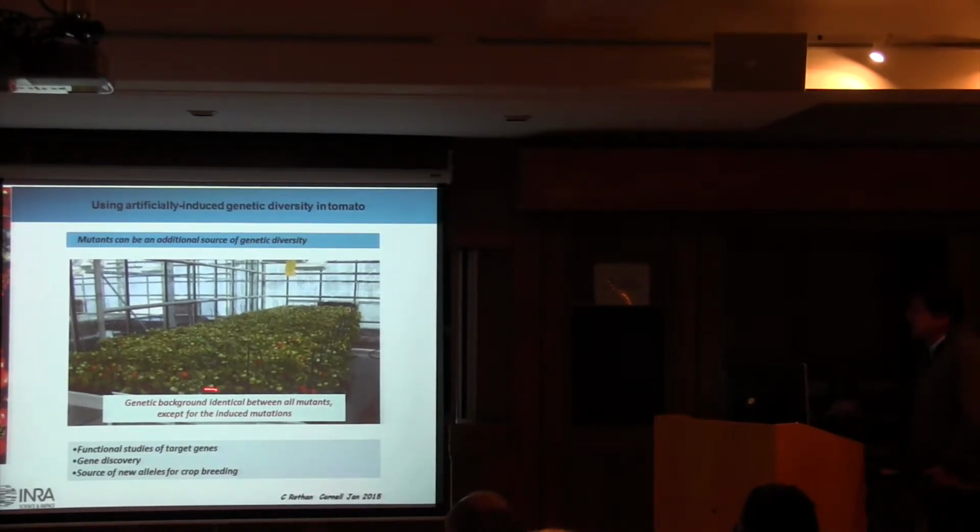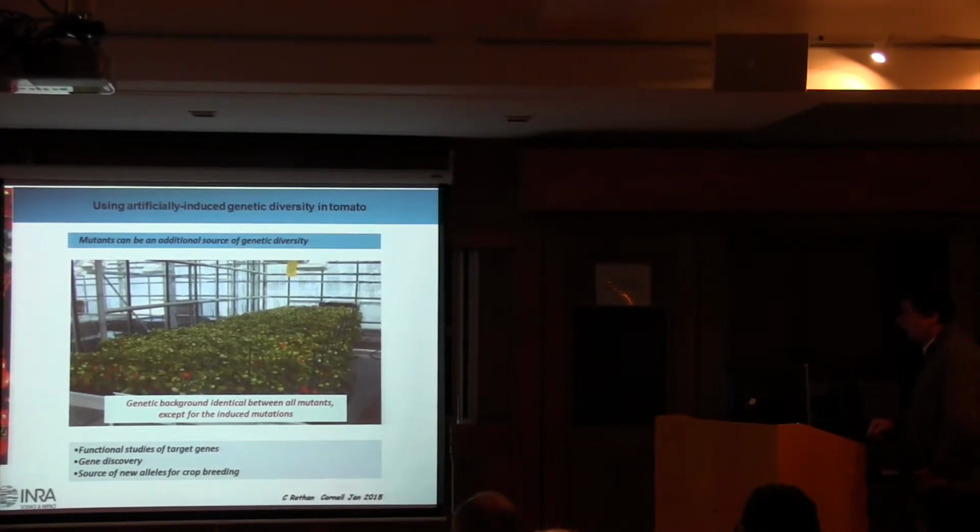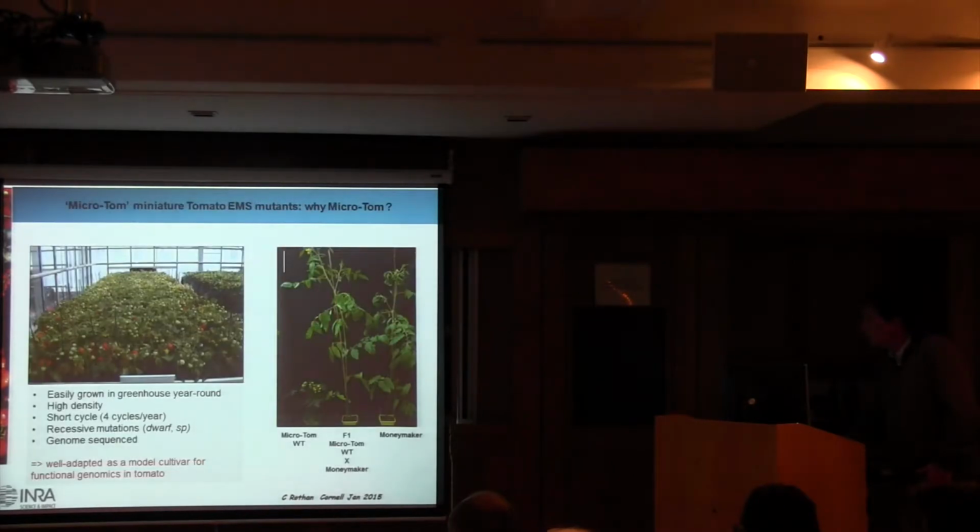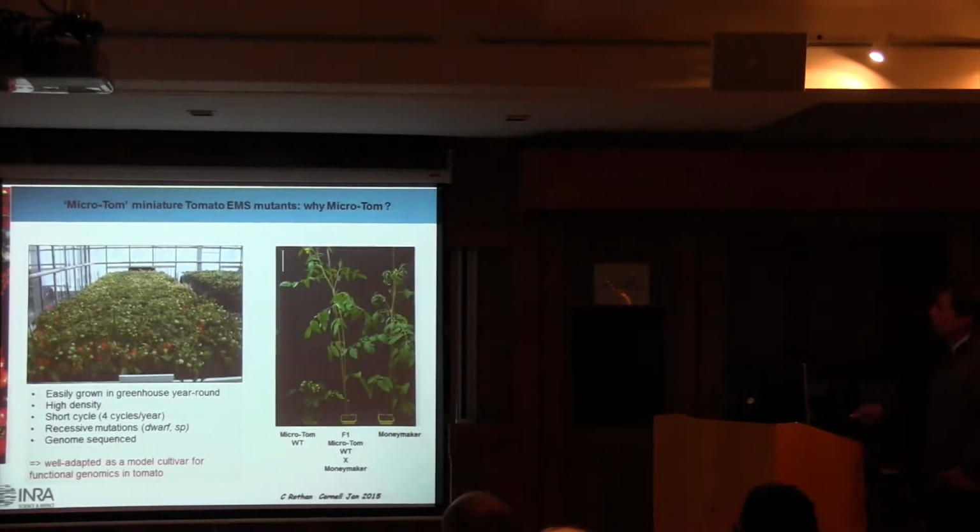One interesting thing is that the genetic background is identical between all mutants except for the induced mutation. We chose this miniature cultivar because you can grow it in the greenhouse year-round, at high density, with a short cycle. It carries at least two recessive mutations.